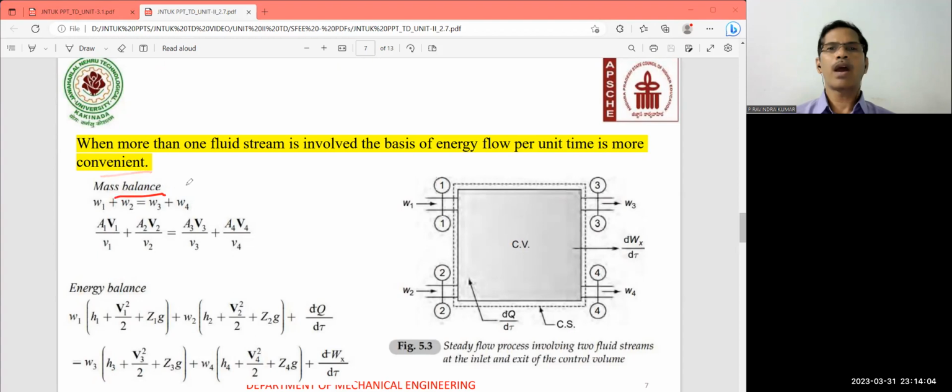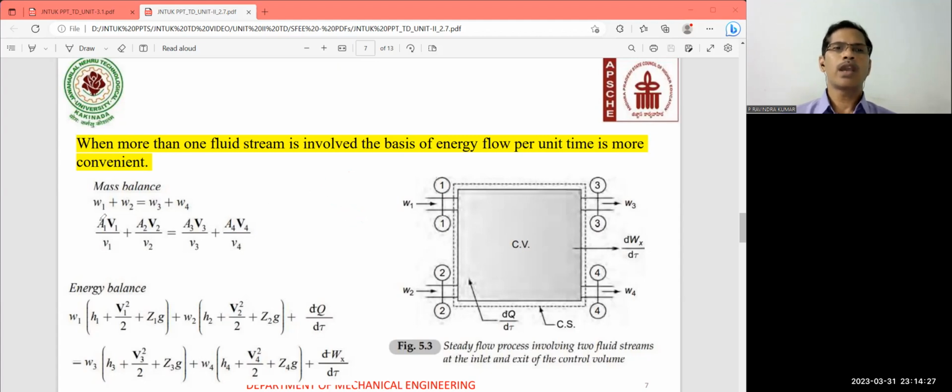For the mass balance, inlet 1 and inlet 2 equal outlet 3 plus 4. This is nothing but the continuity equation. What is the continuity equation? m dot is equal to A1 times the velocity of the fluid V1 or C1, divided by the specific volume.